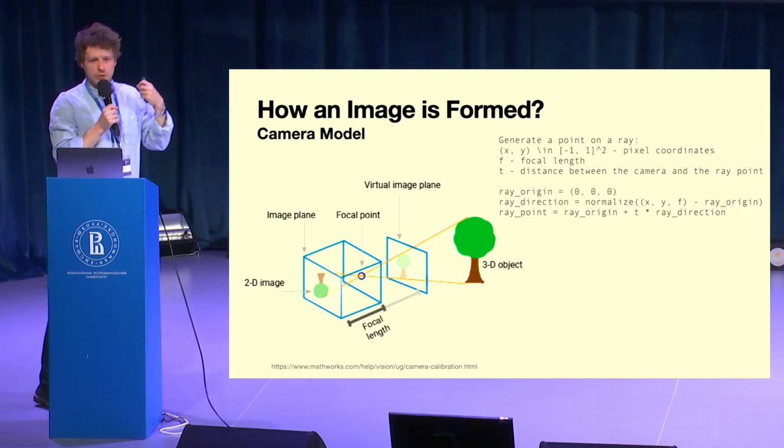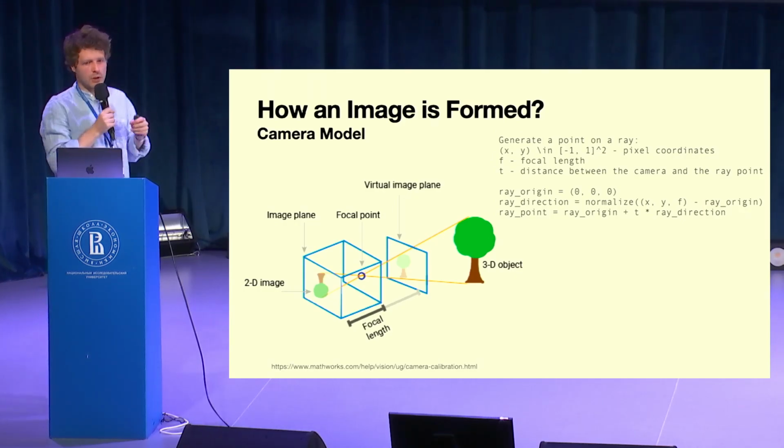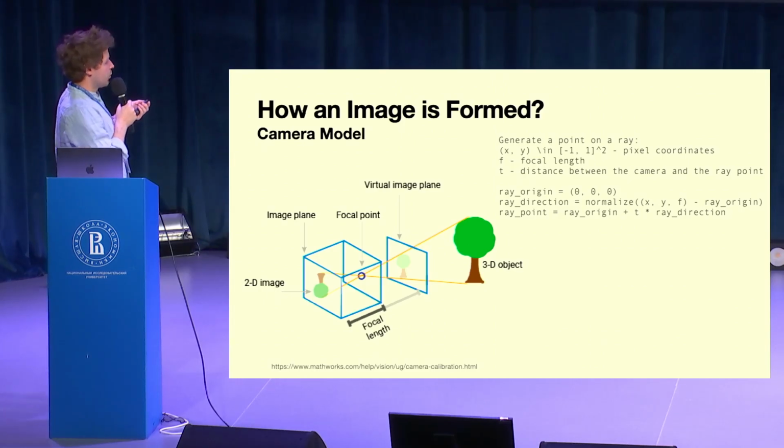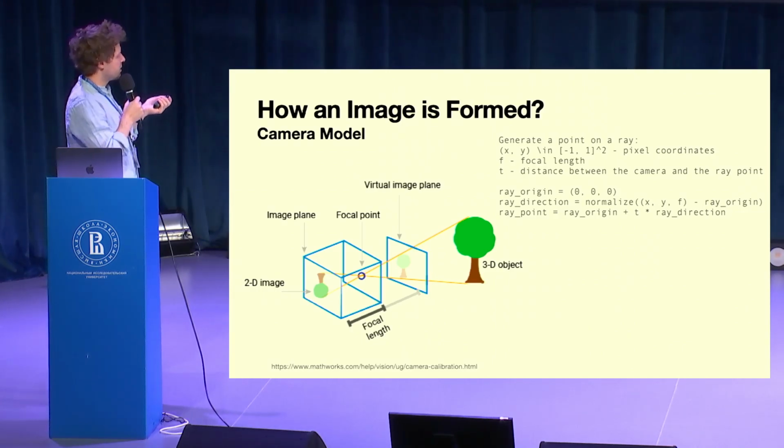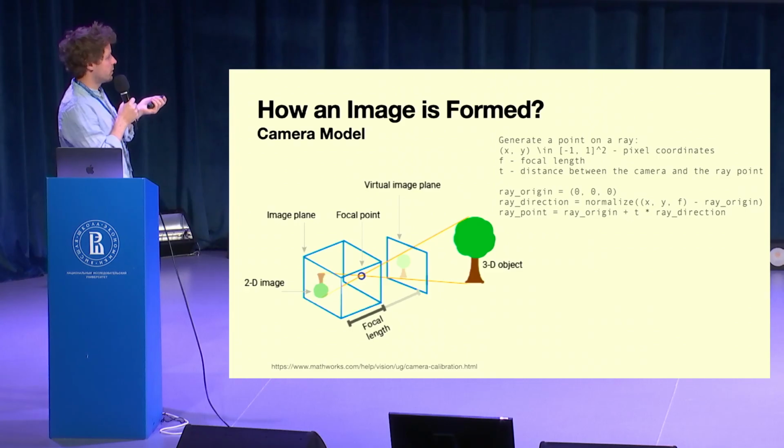So in order to compute the color of a pixel on an image, we'll have to do the following. We select a pixel we're going to generate, then construct a ray that passes from this pixel to the pinhole and then goes out beyond until it encounters some surface in the scene. For example, a leaf on a tree.